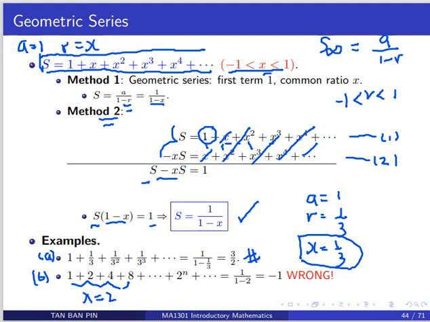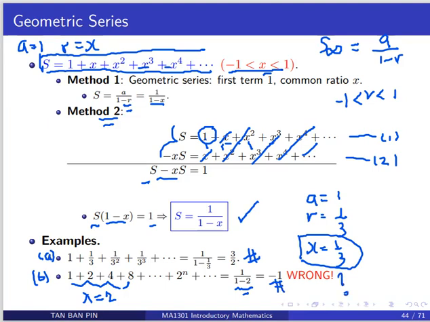If you apply this formula, s is 1 over 1 minus x, by substituting x as 2, the denominator gives you -1, because 1 minus 2 is -1. You get a wrong answer. So why is the answer wrong?